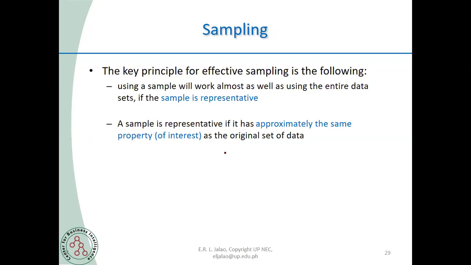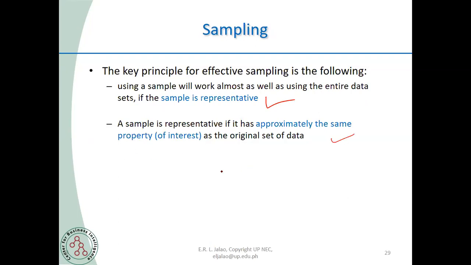So the key principle for effective sampling is the following. Using a sample will work almost as well as using the entire data set if the sample is representative. A sample is representative if it has approximately the same property of interest as the original set of data.